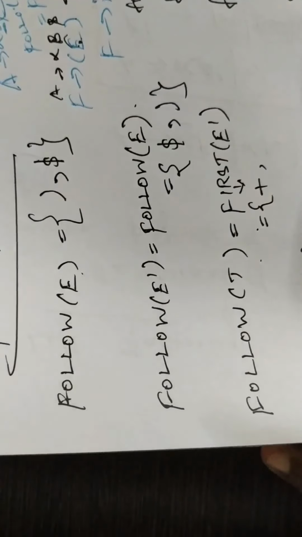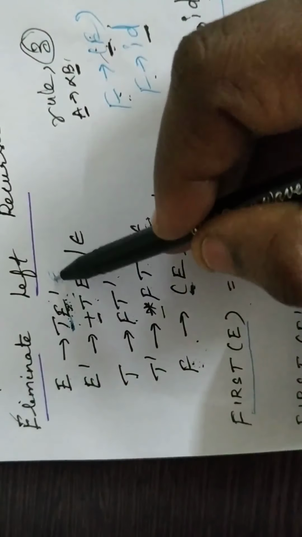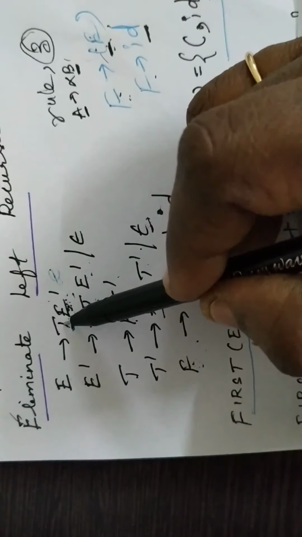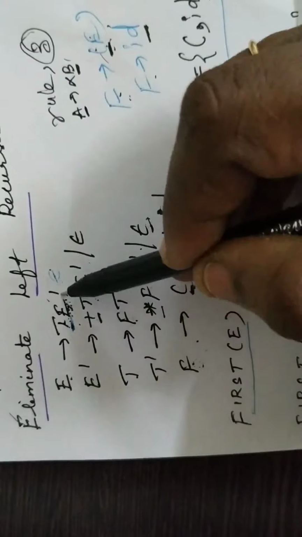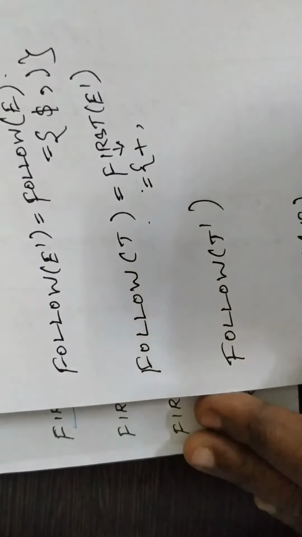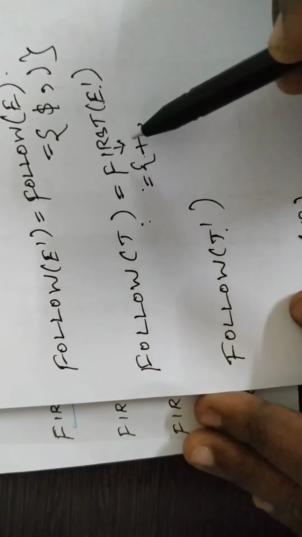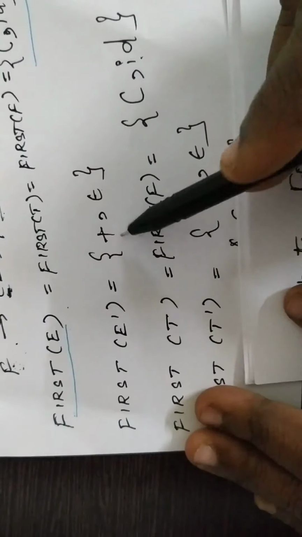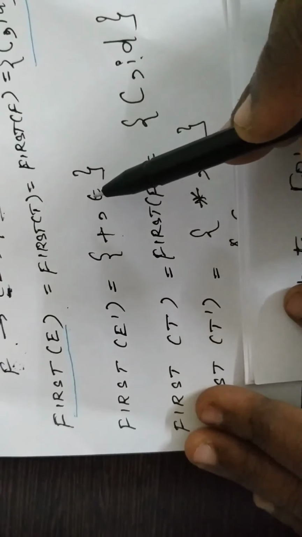If you put epsilon here, because E dash derives epsilon according to rule 3, then first of T is first of E dash, which has plus and also produces epsilon. So we should not put epsilon, because follow should not contain any epsilon.